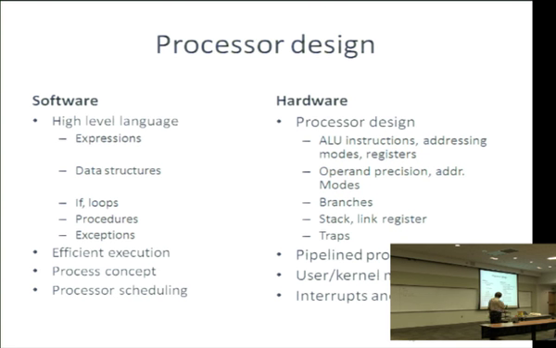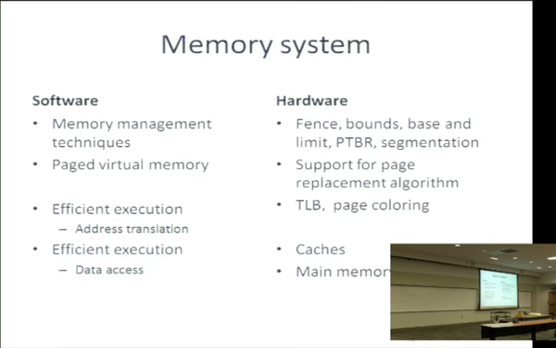And then we looked at how to efficiently execute it, efficiently implement the processor both in a simple manner and a pipeline manner, and then what you need to grab the attention of the processor when something untoward happens, whether it is internal problems or external interrupts, right? And then on the software side, we looked at processor as a black box, and then how you schedule that in order to run your program. So that was the first unit, and the second unit, similarly for memory system.